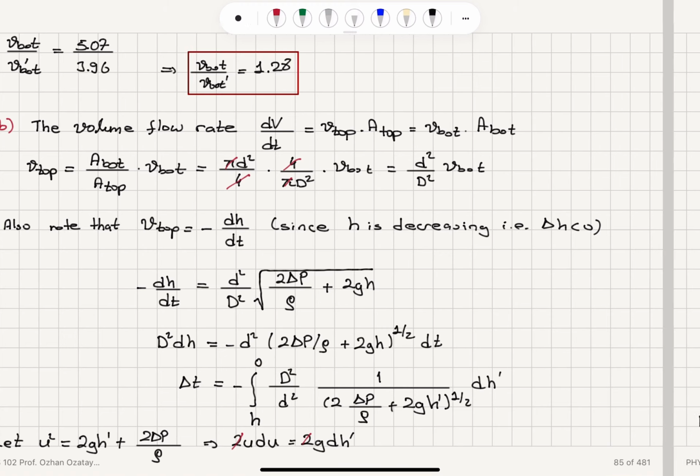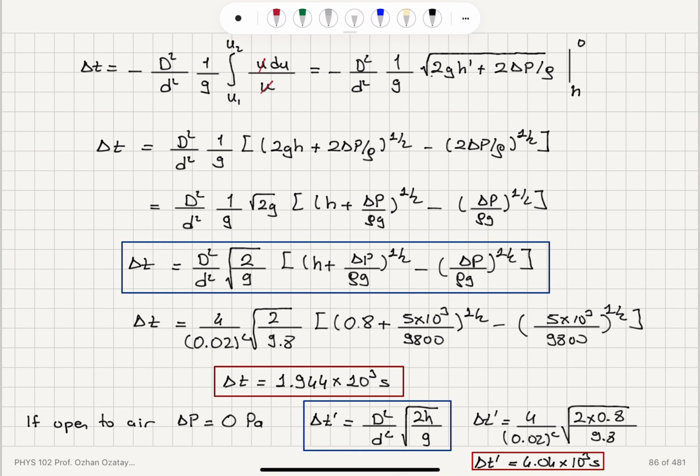And performing this integral, we have obtained this result. And when we substitute delta P equals 0, which is the tank open to air condition, we obtain a different result. So these two results basically tell me that when it is maintained under a gauge pressure, it takes a lot less time in order to completely drain the tank.